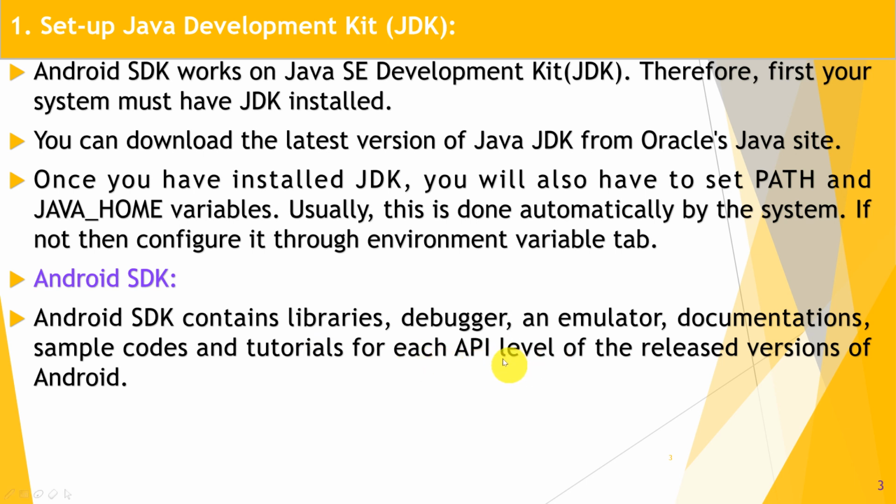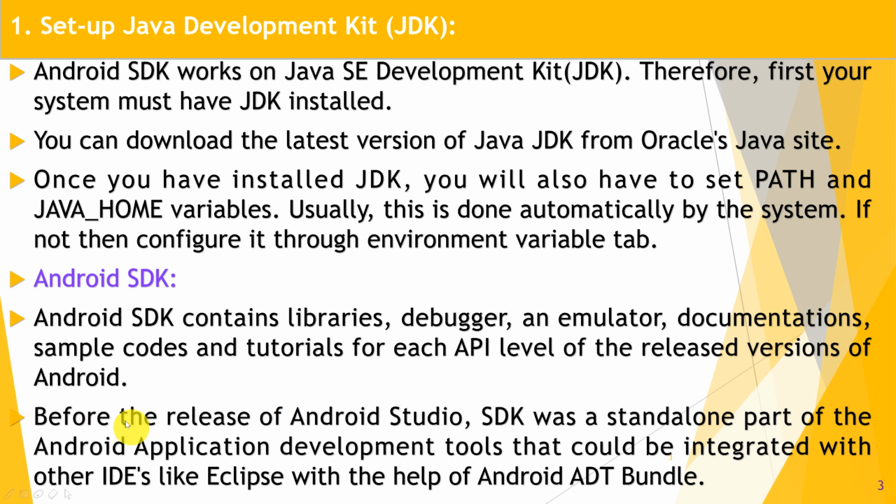Great. So before the release of Android Studio, the Android SDK was a standalone part of the Android application development tools. That means the Android SDK could be configured as a plugin for a number of different IDEs. The main IDE was Eclipse. Previously, we could add the Android SDK as a plugin through the Eclipse IDE and develop our Android apps.